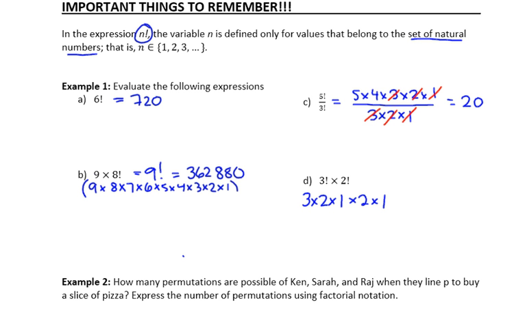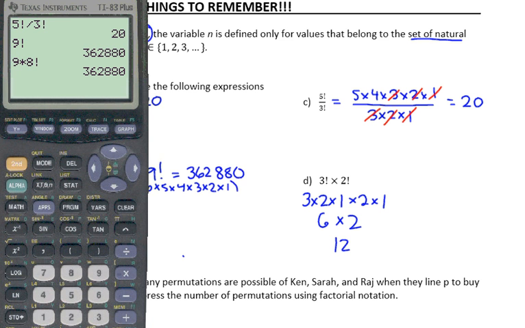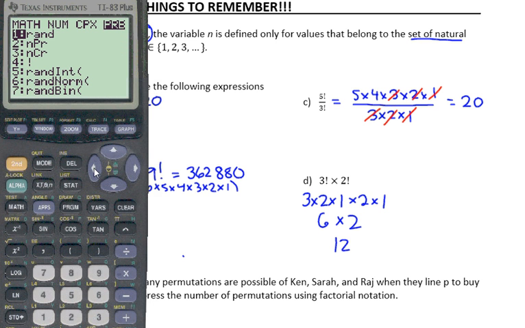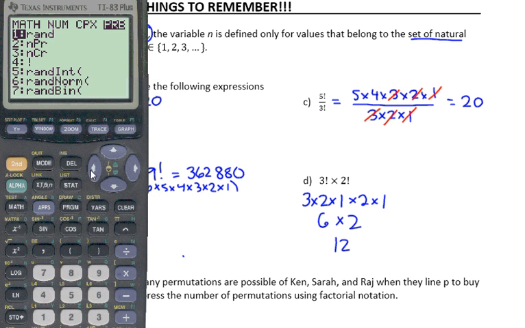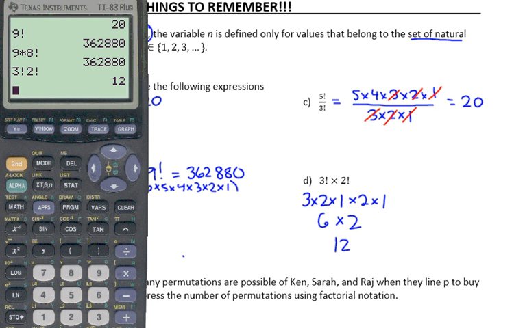But, so 3 times 2 times 1 is what? 6 times 2, or 12. In your calculator, I'm pretty sure you don't even have to write the multiplication between them. So 3 math left arrow 4, and then 2 math left over 4. So automatically it multiplies them, or you can put the multiplication symbol between them if you like.